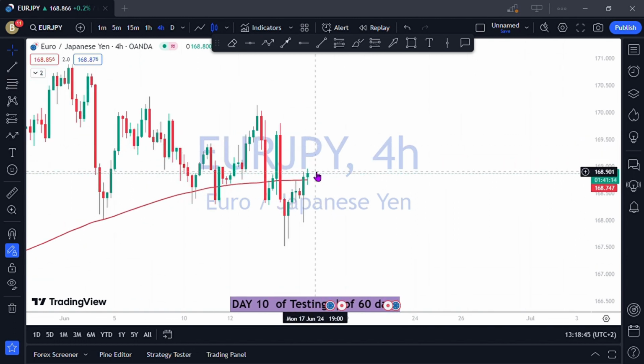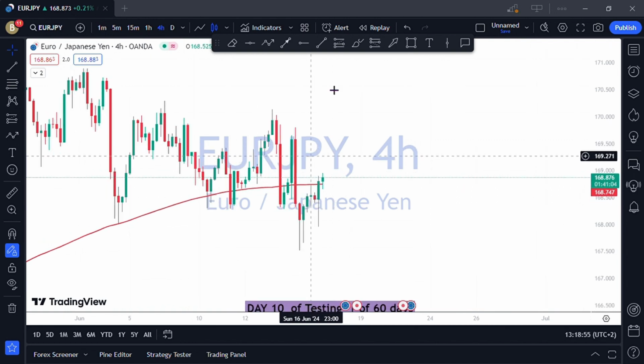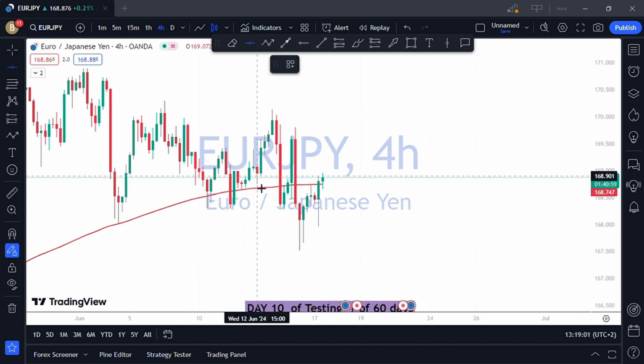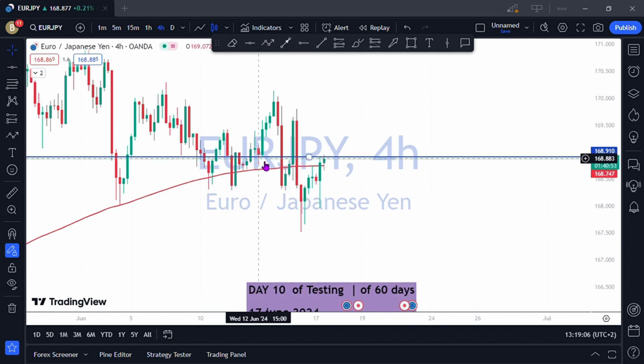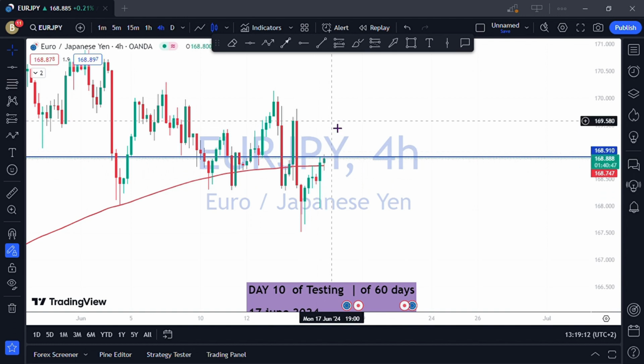The second step is, I've identified a trend, and now we are supposed to identify a counter trend or a continuation. Right now, we will say it's a continuation to the downside, due to the fact that this support right here was broken, and this support here was also broken by price, which retraced and came back.